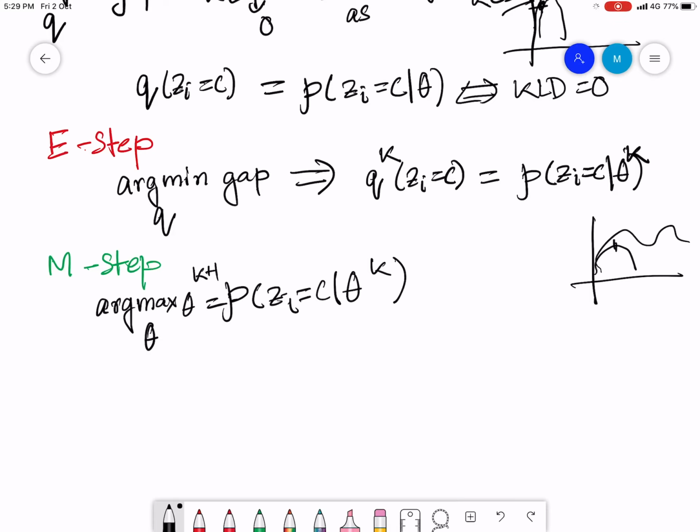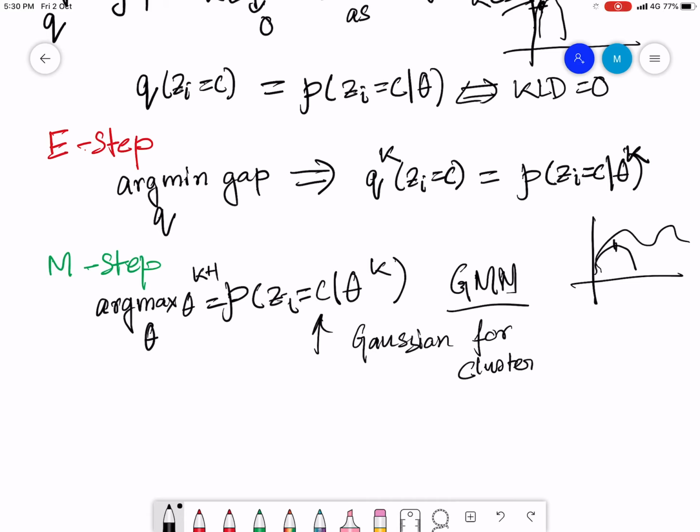So mu 1, sigma 1 are the theta 1 in this case, for z equal to 1. That is nothing but the maximum likelihood, because this is just a Gaussian, for the GMM case, the Gaussian for cluster 1 or cluster C.